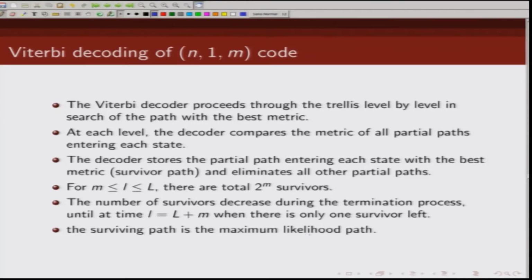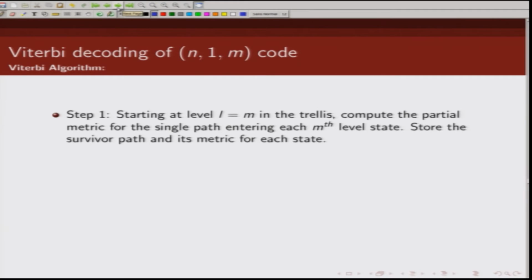When we reach the final time instance, we will be left with only one path, and that surviving path is our maximum likelihood decoded path. Then we backtrack to get back the code bits and the information bits corresponding to that particular path.